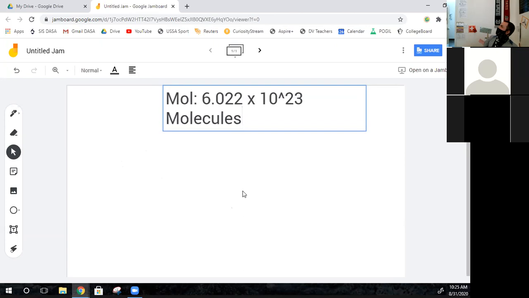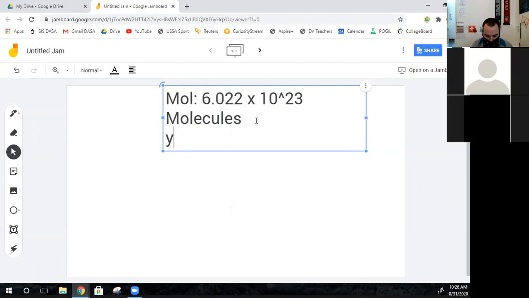Then that'll always have the same number, right? If that's just the equation, where's the variable? So if you want to figure out how many molecules something is, you take the number of moles as X. Well, let's do Y. Y equals the number of moles.